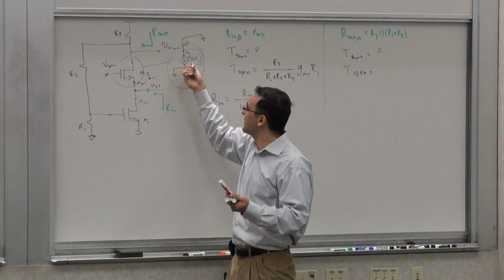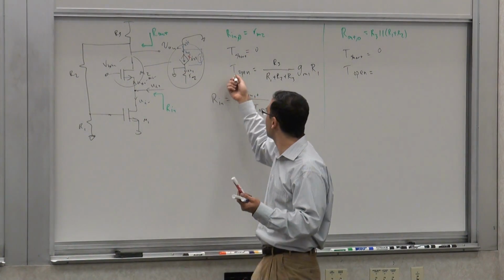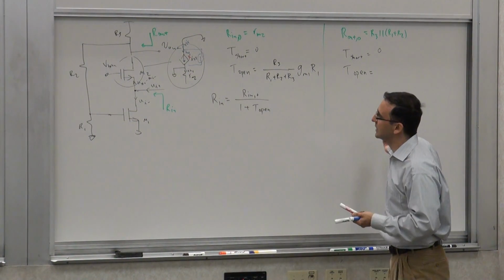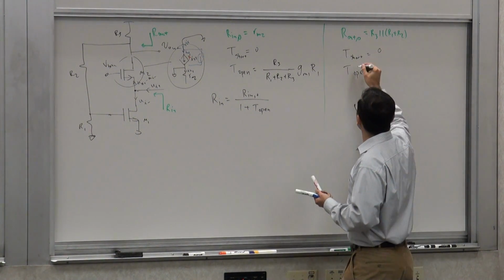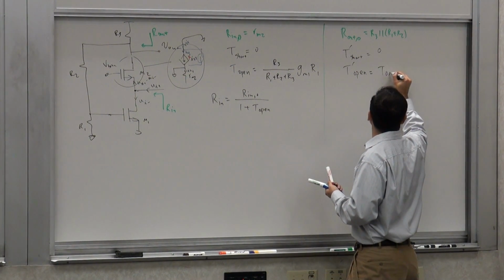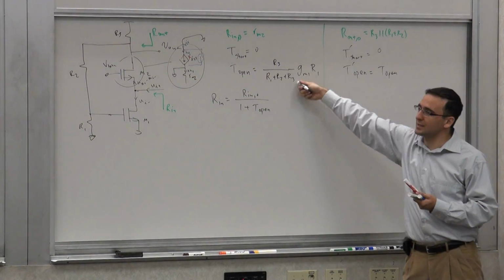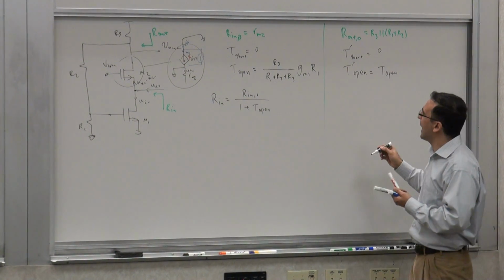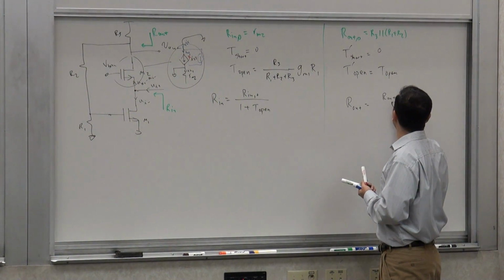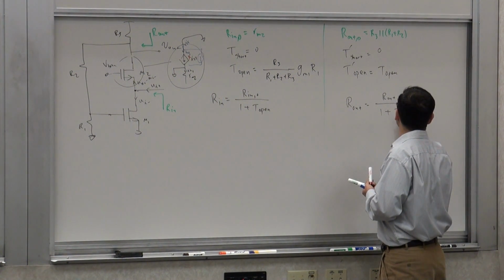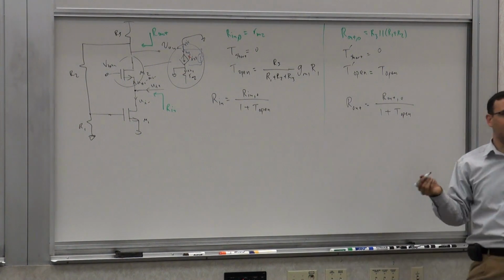If it's open, it's the same as before. It's the same as this T open. Nothing has changed, so it's again the same thing. Let's call this prime, so it's the same T open as before. And therefore, R out is simply R out 0 divided by 1 plus T open, which was T.